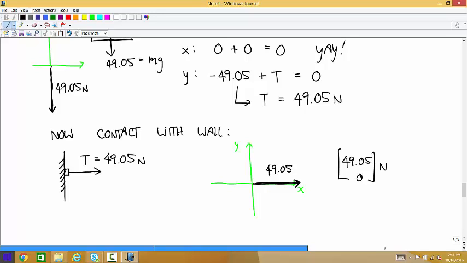Why do we know it's in this direction? Because what the question asks for is, what's the force vector that the cable applies to the wall? So now we figured out what the tension is in the cable, and that's true for the whole cable. And now our chosen body is the wall. We're going to think about the wall.